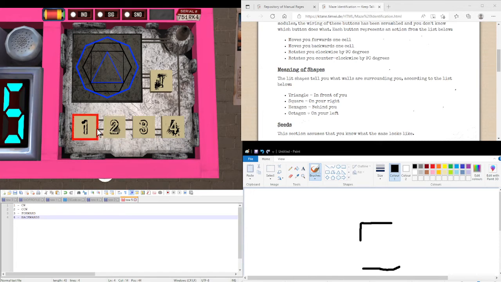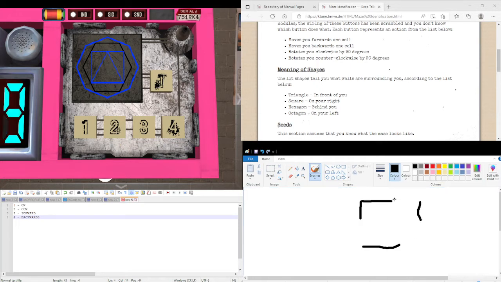So let's turn once clockwise, move forwards again, and we get this, which is, if we're facing this way, we have a wall in front of us here, a wall on our right, and also a wall on our left, so the dead end is here.